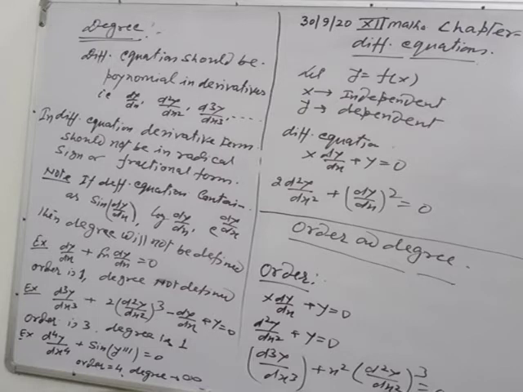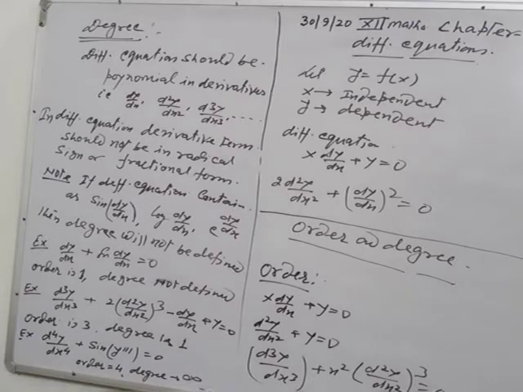Now, in a differential equation, the derivative term should not be in radical sign, remember here, or fractional form. Radical means root form, like root of dy by dx plus any constant you can write here. If it involves a root, then solve it and remove the root.